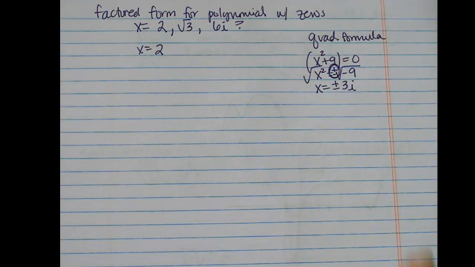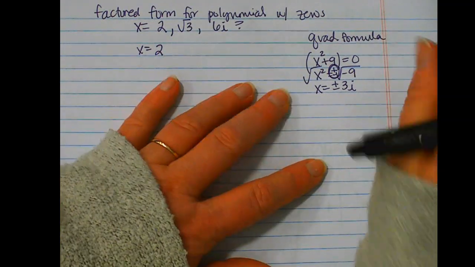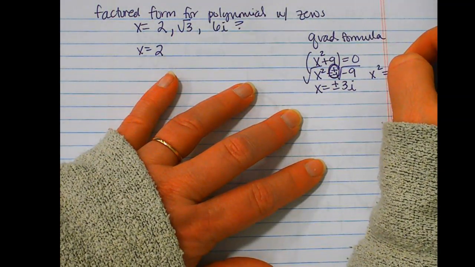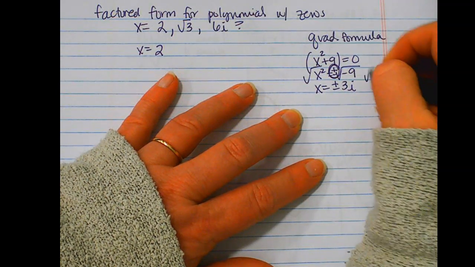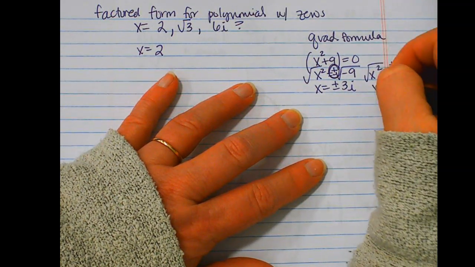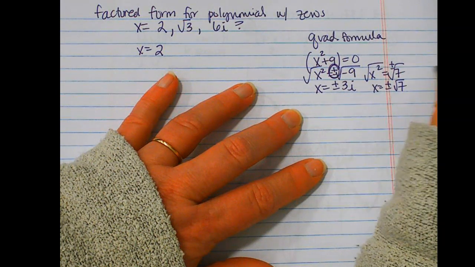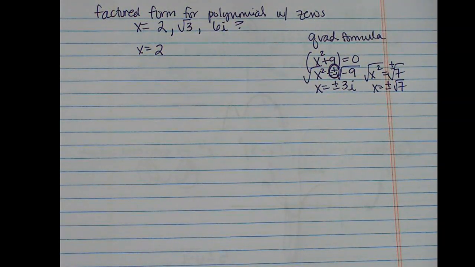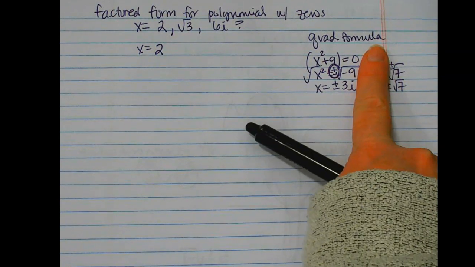Okay, so anytime you have a square root, even if this had said x squared equals 7, you'd have x equals plus or minus square root of 7. So if it's a square root that you can't simplify, then it definitely has to have its evil twin either from this or from the quadratic formula.